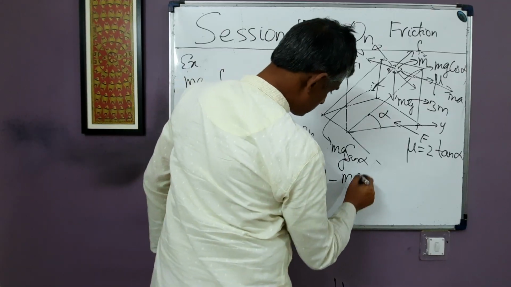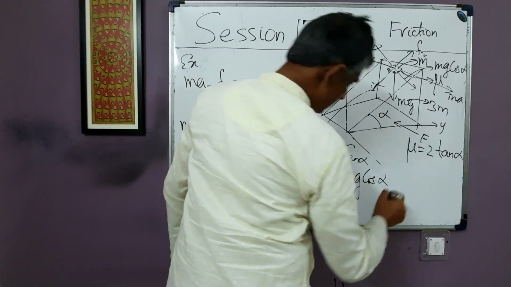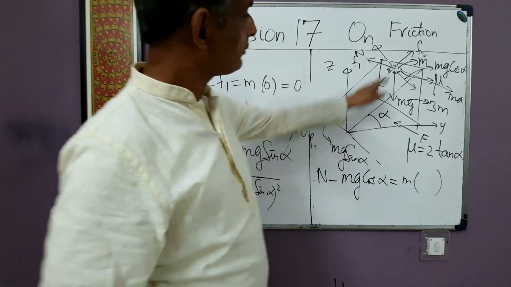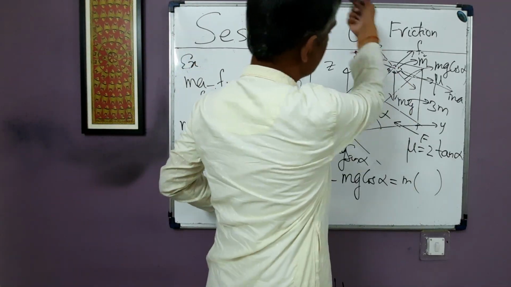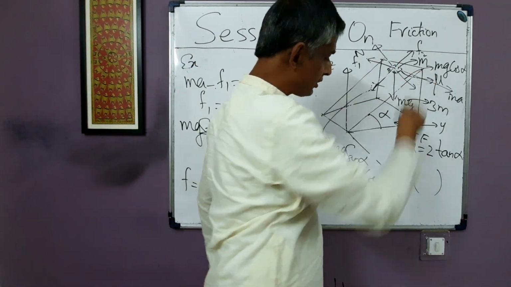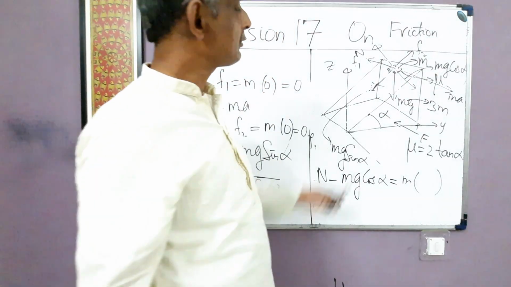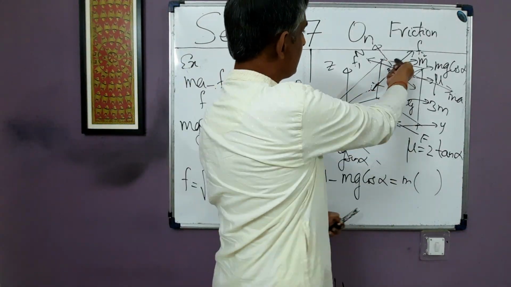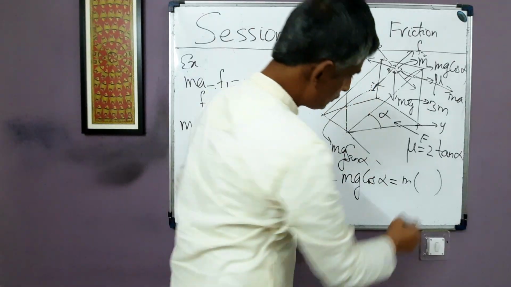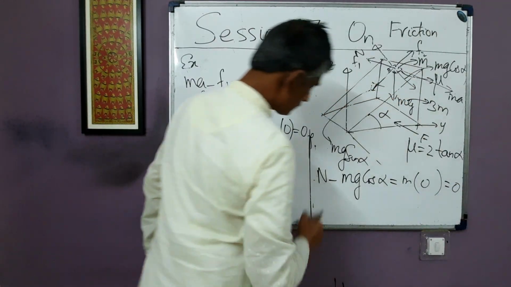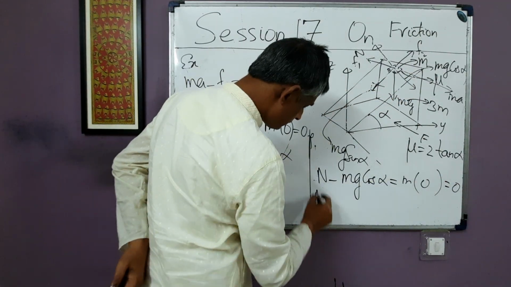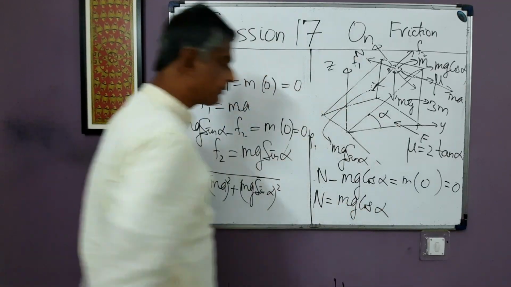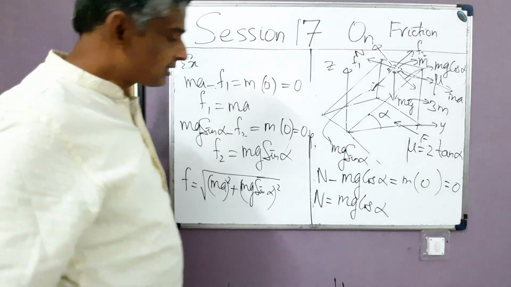N minus Mg cos alpha is equal to M times what? Acceleration of block with respect to wedge in direction of N, in a direction normal to the inclined face of wedge, which is 0. Because with respect to wedge the block is motionless. So acceleration of block with respect to wedge in direction of N is 0. So M into 0 becomes what? 0. So N minus Mg cos alpha is 0. N becomes what? Mg cos alpha.